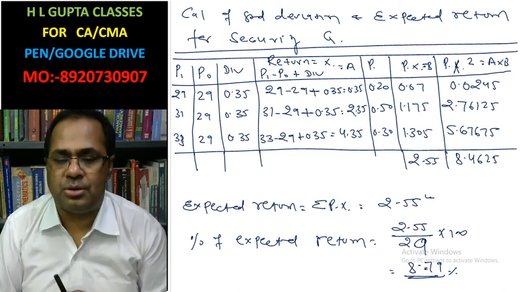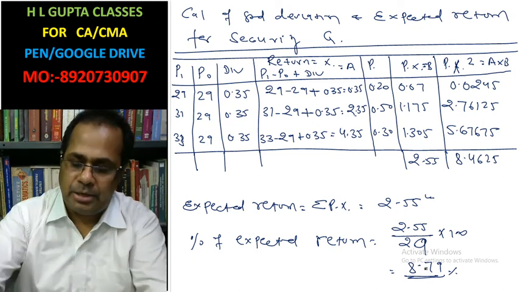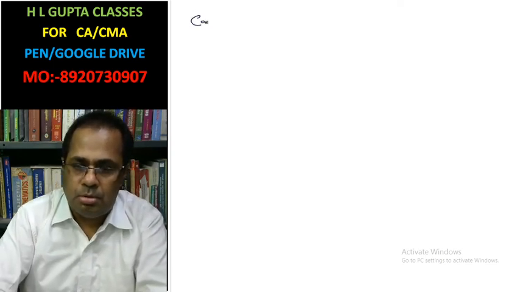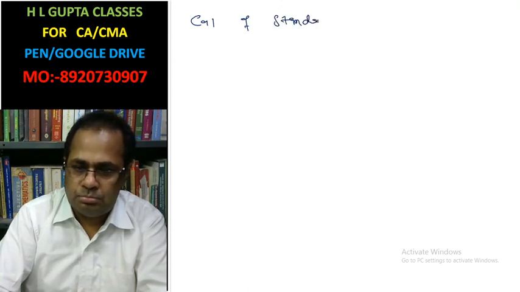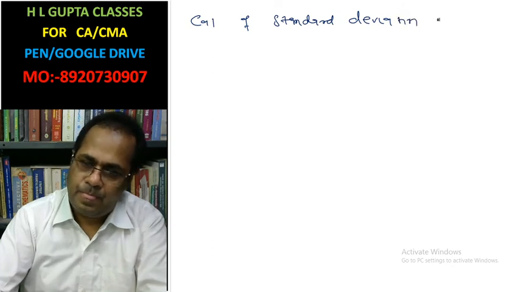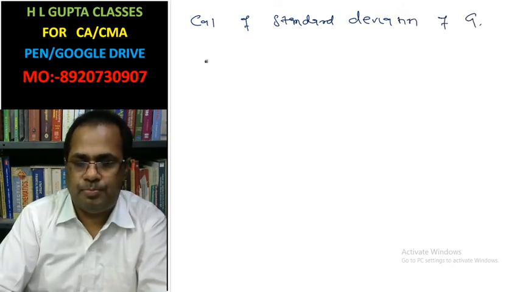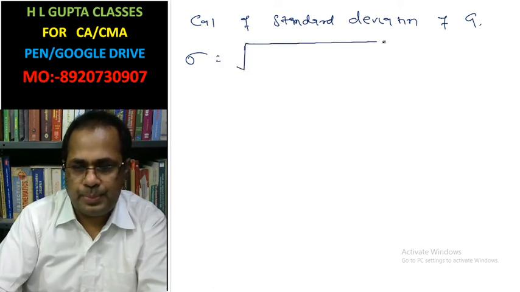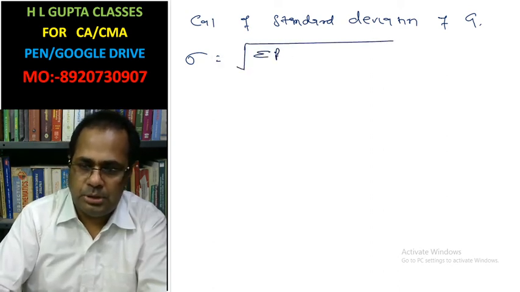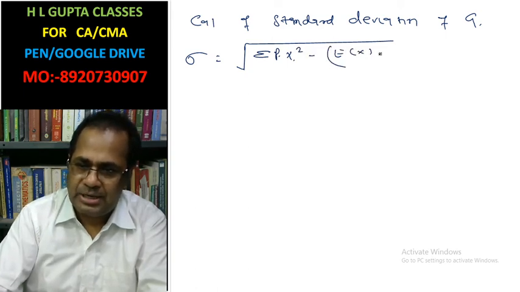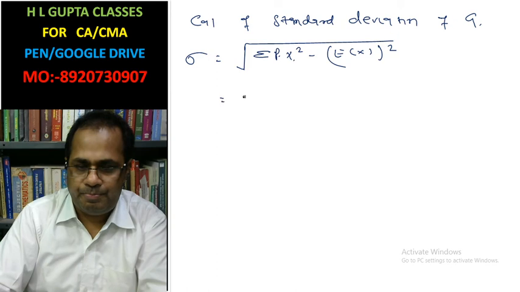Now you have to calculate a standard deviation. Calculation of a standard deviation of G. This is the formula: root of PI XI X square minus expected X whole square.